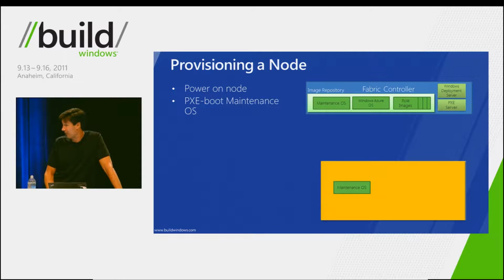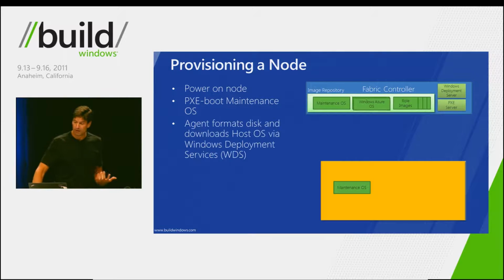The Fabric controller has a PXE server in it, something called the maintenance OS, which is just Windows PE. Windows PE starts up. It's got its own code in it, which connects with the Fabric controller, formats the hard disk, and then pulls down through Windows Deployment Services the host operating system and hypervisor from the Fabric controller.